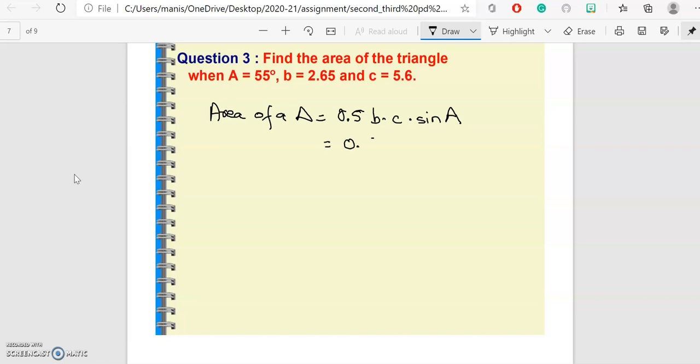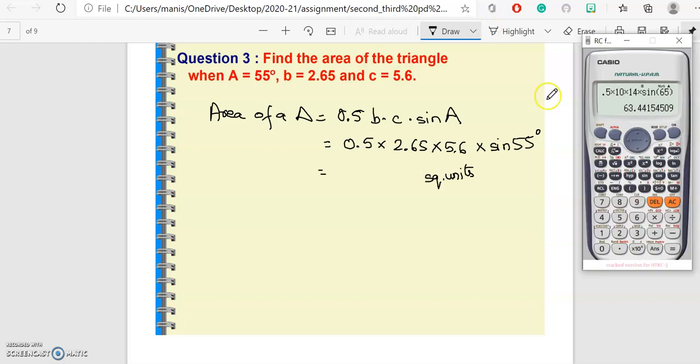So this is your 0.5 times the value of B, which has been given to me, 2.65, times the value of C, 5.6, times sine of A, meaning sine of 55 degrees. So I will type this in the calculator and my answer will be what? Square units.